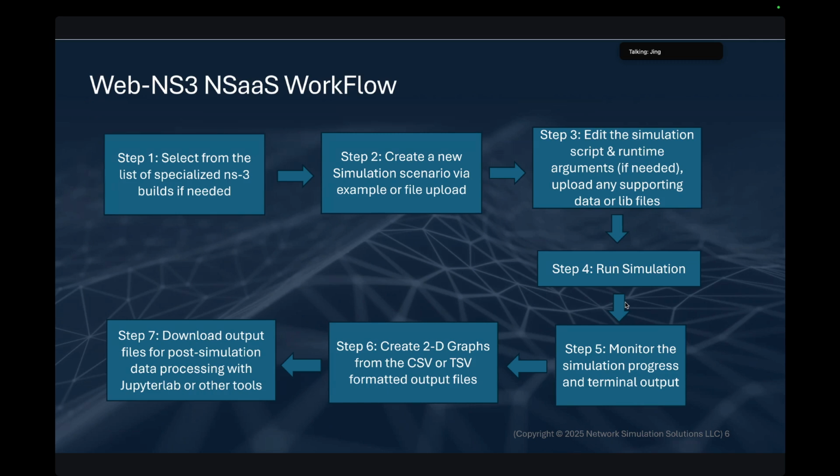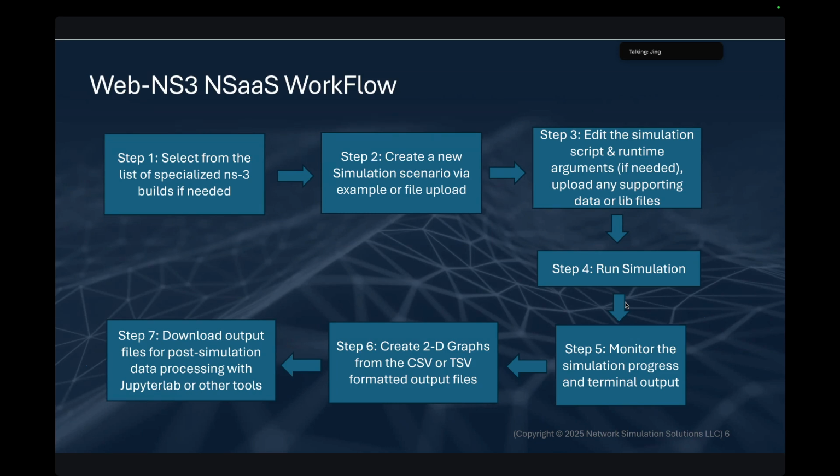And then you will see the simulation is completed, and that way you get all the trace files or data files, and then you can create 2D graphs online if the files are formatted as CSV or TSV, like an Excel-like file. We also support the default GNU plot format, right? If you use that library in NS3, you can also see the graph directly on the website.